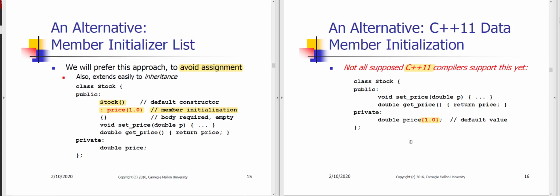I'll warn you, though, that I've encountered compilers that don't support this notation, even though they claim to be compliant with C++11. My own suggestion is that you get in the habit of using the member initialization list notation because that works for all compilers. You need it if you're doing inheritance, so it's probably the best and most reliable way to go.